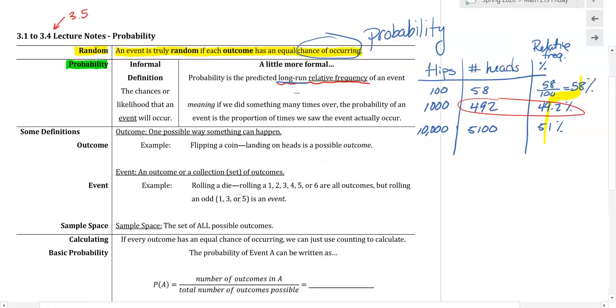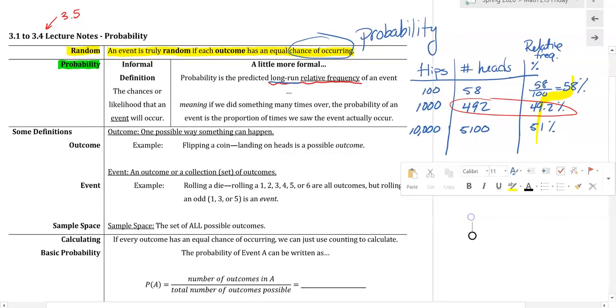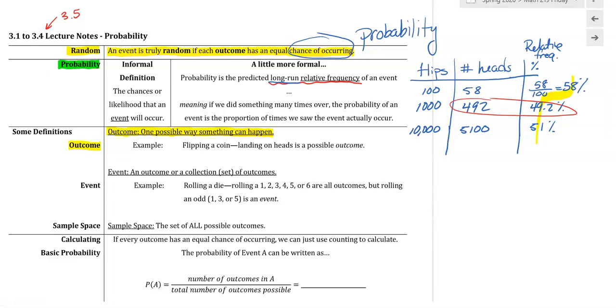Okay. So some definitions here. The first thing we're going to define is an outcome. An outcome is one possible way that something can happen. So for example, if we're flipping a coin, then landing on heads is a possible outcome. So is landing on tails.